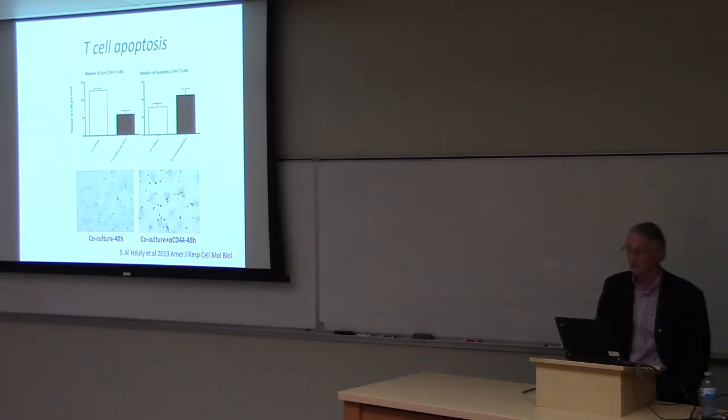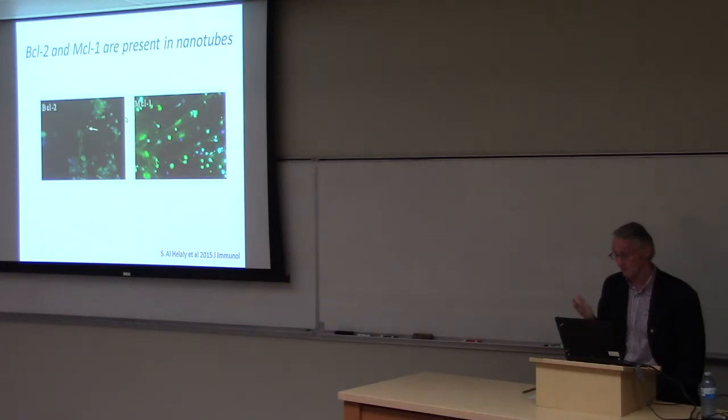And we counted those cells and we found that in the presence of this antibody, the number of apoptotic T cells went up and the number of live T cells in the co-culture went down. So it seemed then that the T cell was living in greater comfort, survived better in the presence of the muscle as long as it was allowed to be in contact.